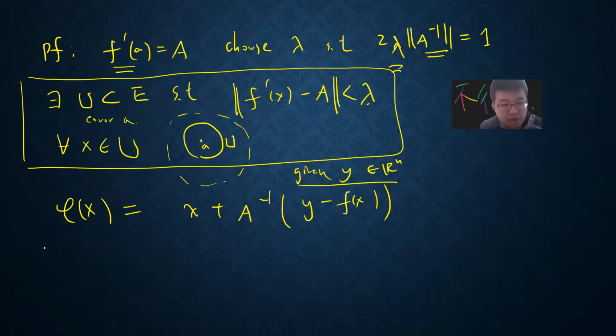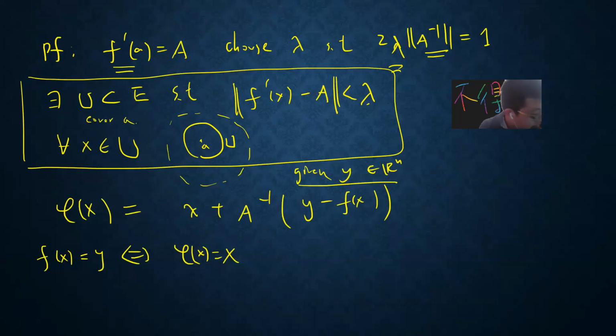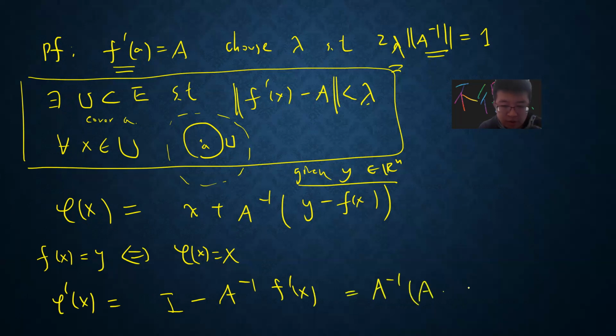Notice that f of x equals y if and only if phi of x is x. So x is a fixed point of phi if and only if f of x equals y. Also, you can check the differentiation with respect to x. Just do the differentiation. You get the identity minus A inverse times f prime of x. Okay.